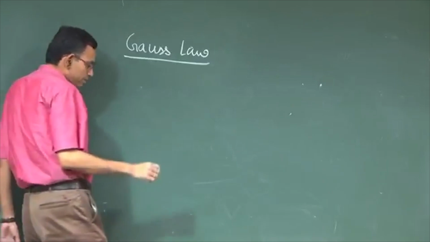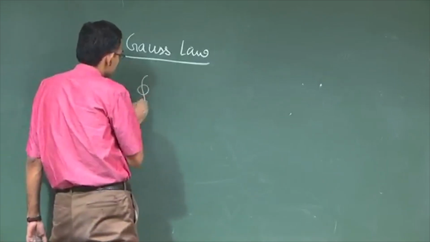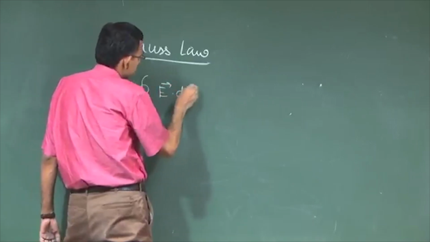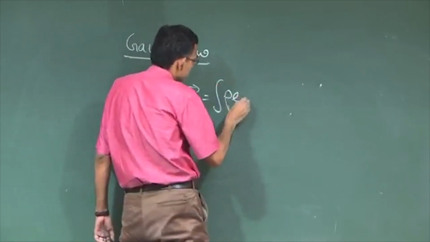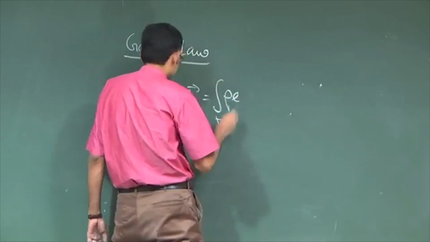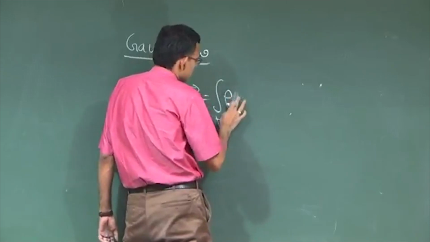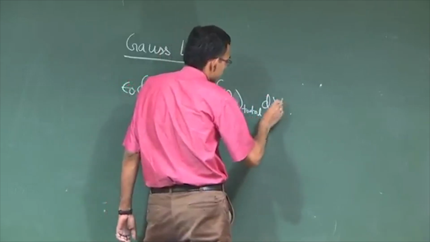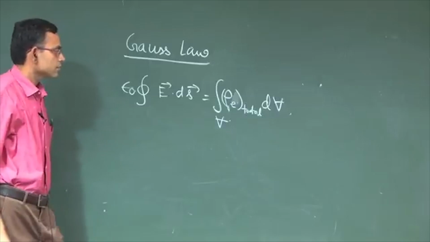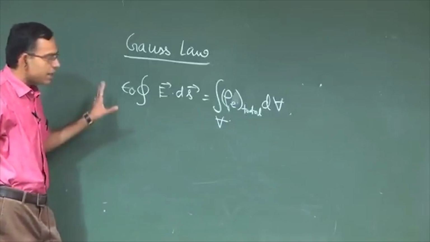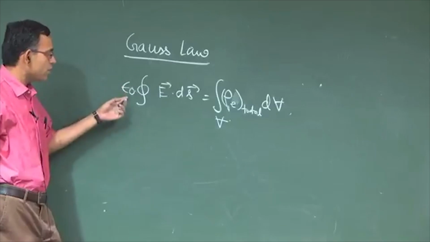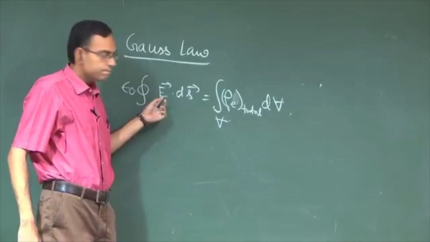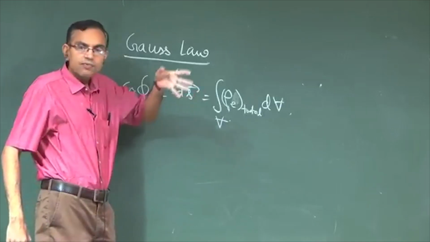So, what is Gauss law? I will explain the meaning of each symbol. Epsilon naught is the permittivity of the free space, E is the electric field, ds is a surface element.